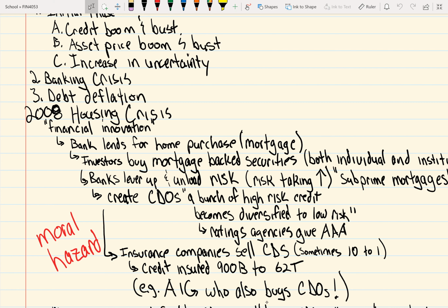But leading up to it in the early 2000s, the banks essentially came up with this financial innovation, this new idea where investors can buy what they call mortgage-backed securities.